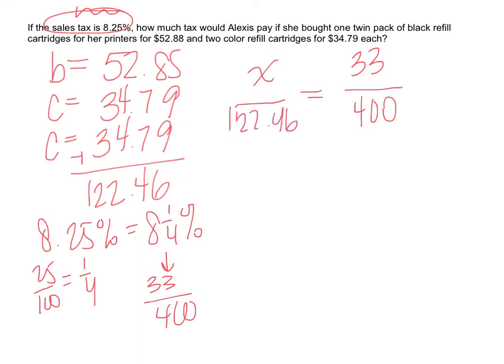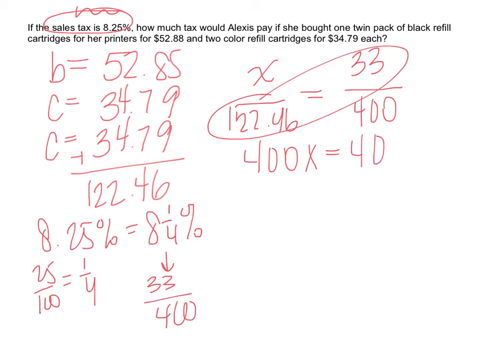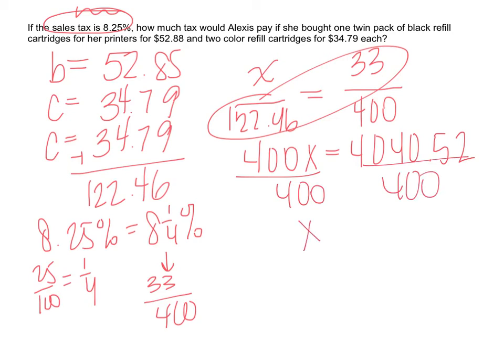So we are just going to cross multiply. So we get 400x equals, and you're going to multiply these two together. And when you do that, you get 40.52. Divide by 400 on both sides. And x is going to be 10.10.